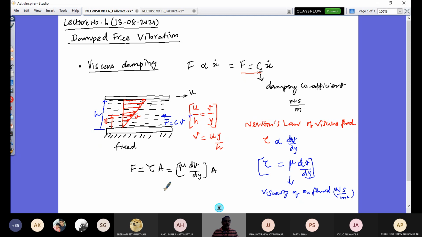So if I have to write the shear force at the topmost layer, it would be equal to mu into v by y into h.